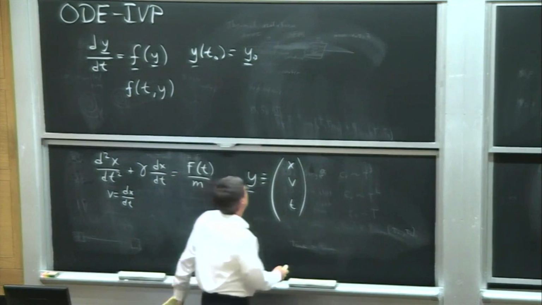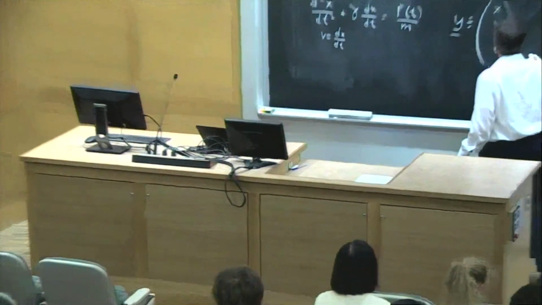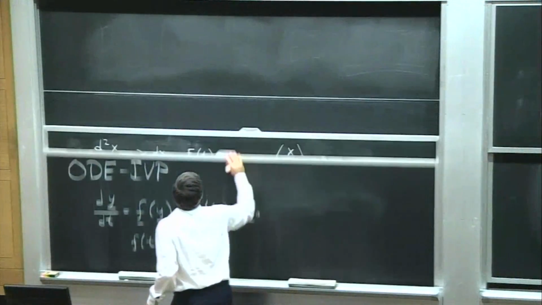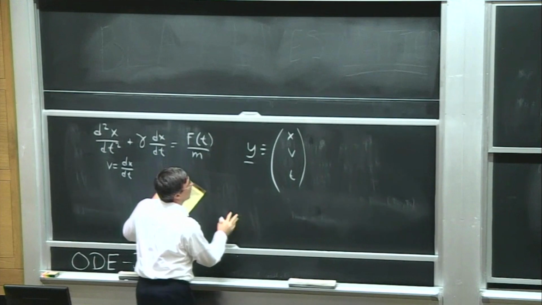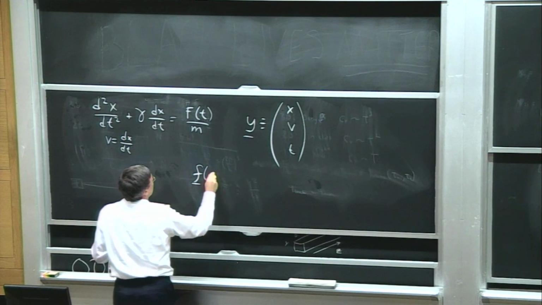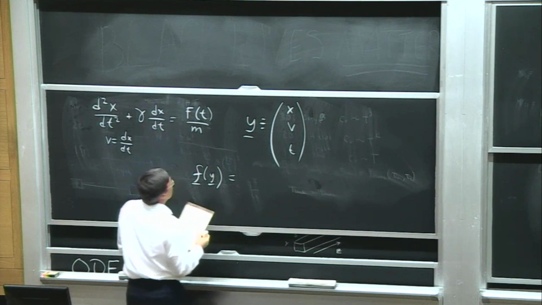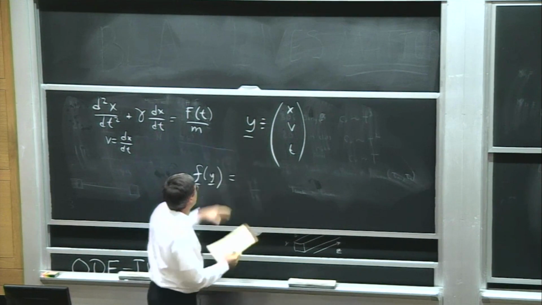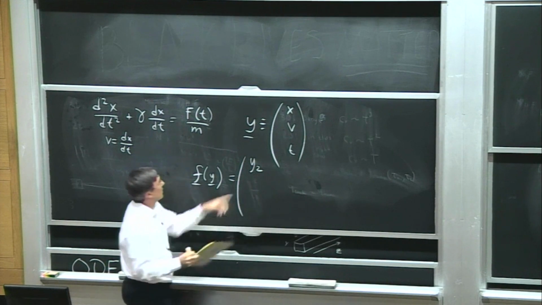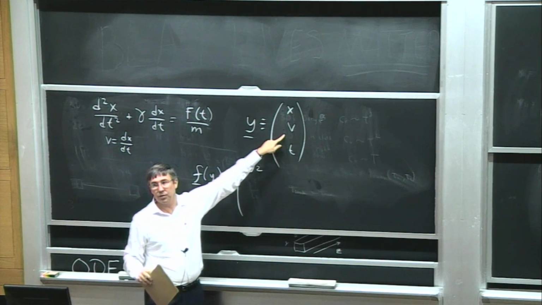And then I can write down what f of y is. The equation for dx dt is y2, the second component of y. dx dt is equal to v.